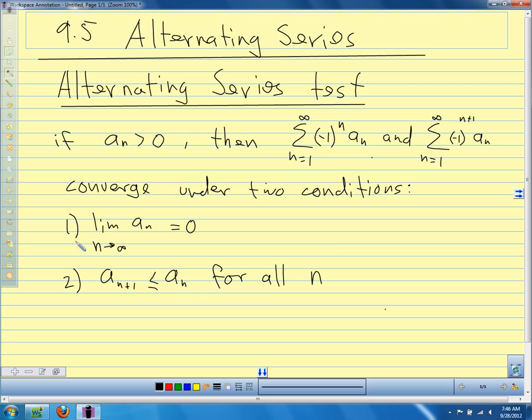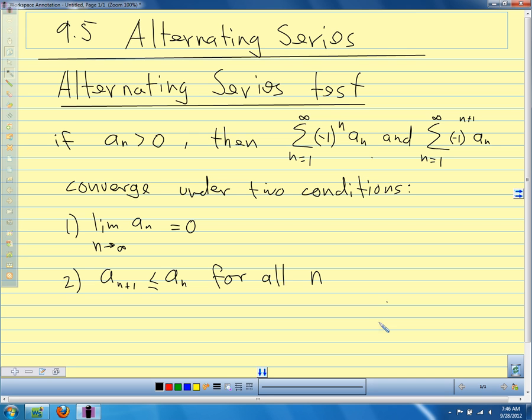Just to note, the first condition is related to our nth term test for divergence. If the limit as n approaches infinity of a sub n isn't 0, then our series diverges. So these are the two conditions under which alternating series converge.